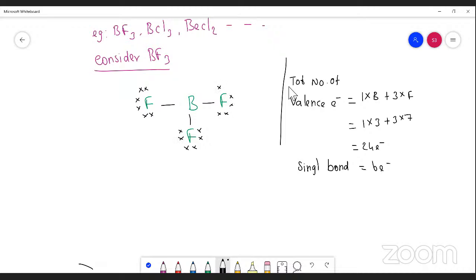So we distribute the remaining 18 electrons to the fluorines, because the most electronegative atom should have the octet.